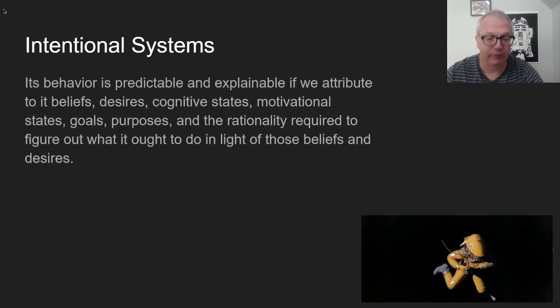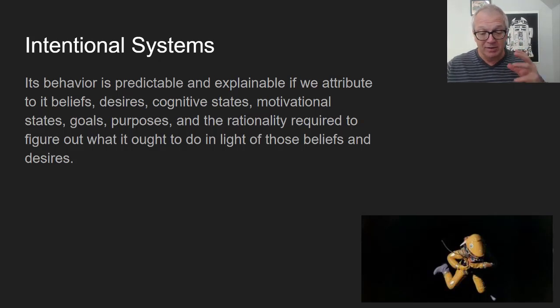Now, Dennett is famous for having introduced this idea of what he calls the intentional stance. His idea is that if an artifact, a machine, an animal, if its behavior is predictable and explainable by our attributing to it beliefs, desires, cognitive states, motivational states, goals, purposes, and it's rationally required to figure out what it ought to do in light of all its beliefs and desires, then it's an intentional system.